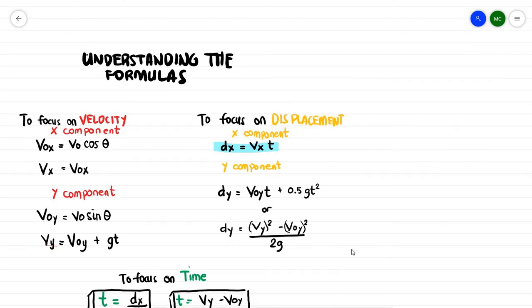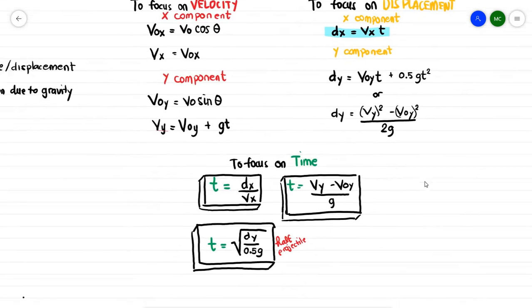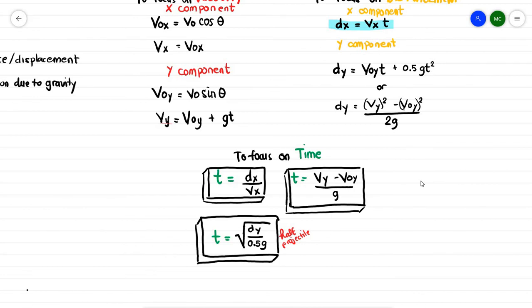Next, to focus on time, to be able to understand how to get the time, we just derived the formula. So we derived this formula from the displacement right here, and you can copy this formula so that whenever we have problems and the given are this one and this one, you can use this formula to solve for time.